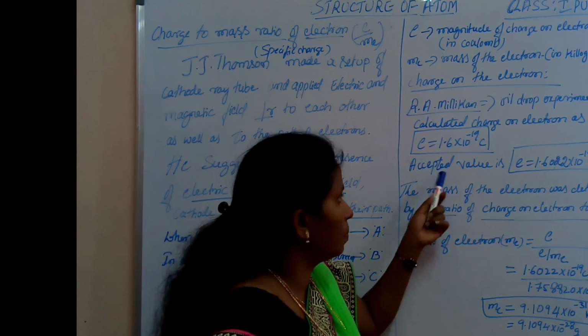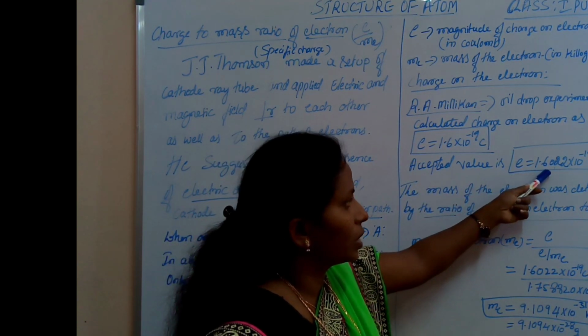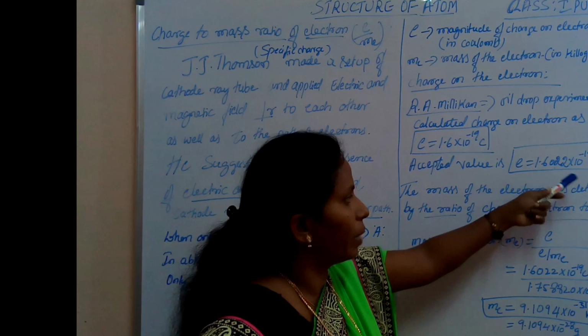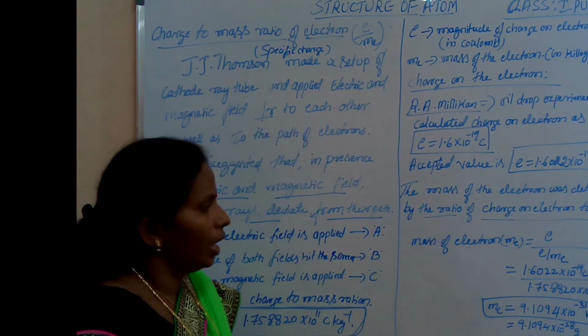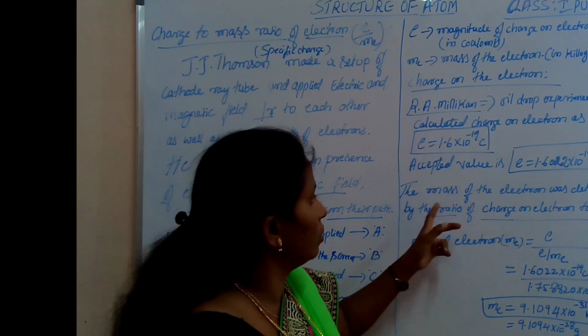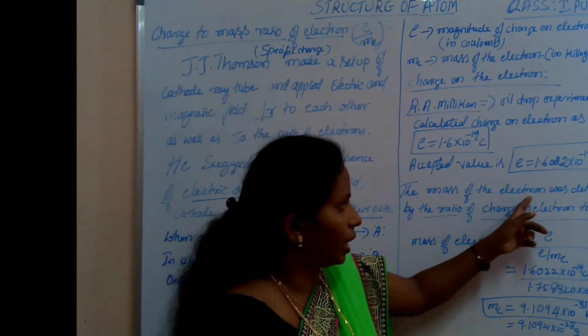Now the presently accepted value is 1.6022 × 10^-19 coulomb. From these two values, they were able to calculate the mass of an electron.